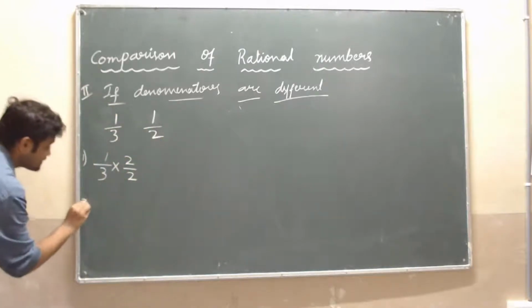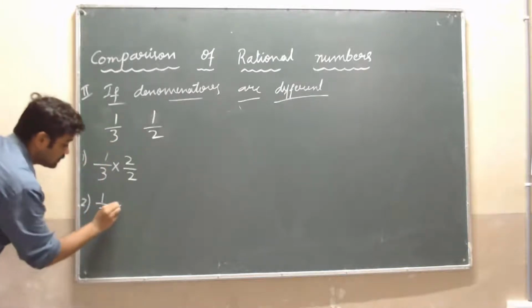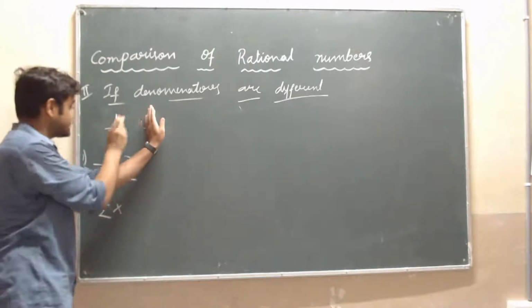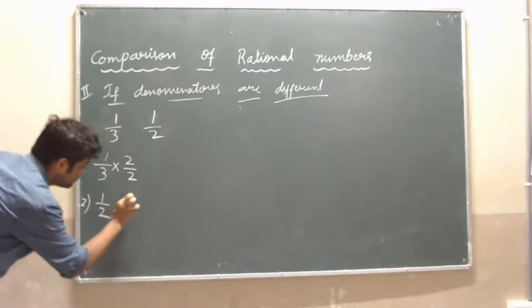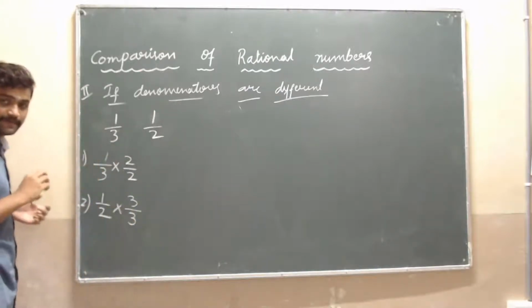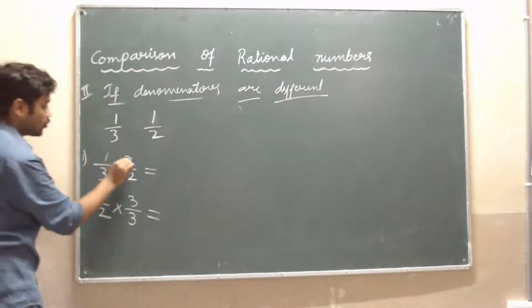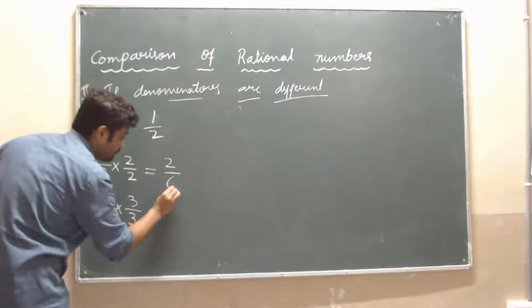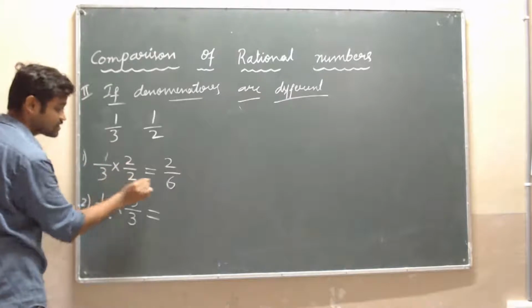Okay, then which is the second number? That is 1 by 2. Then close your eyes and easily multiply and divide by which number? That is the other number's denominator, 3 and 3. Okay, see here, 2 1s are 2 and 3 2s are 6.